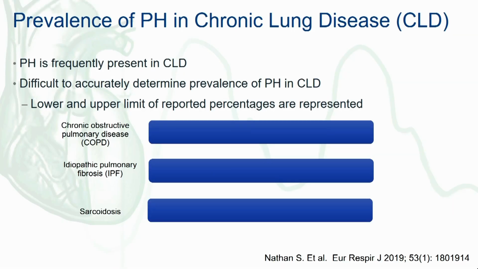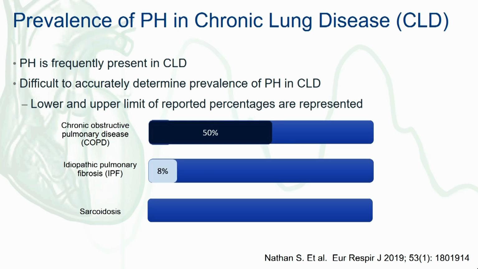So we know this is common. It's common in chronic lung disease, whether this is our COPD end of things or interstitial lung disease end of things. And it's very variable. Part of this depends on how you're looking for pulmonary hypertension, whether you're screening by echo, whether you're doing formal right heart catheterizations, what your population is and your referral bias. In COPD, it's somewhere between 1 and 50%, and we're not going to talk about COPD today.